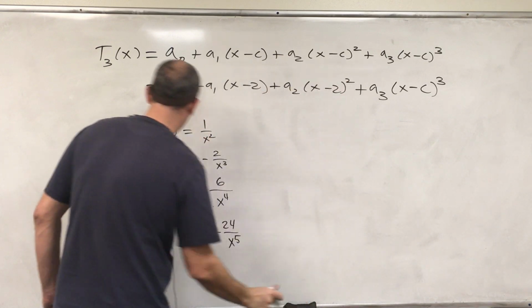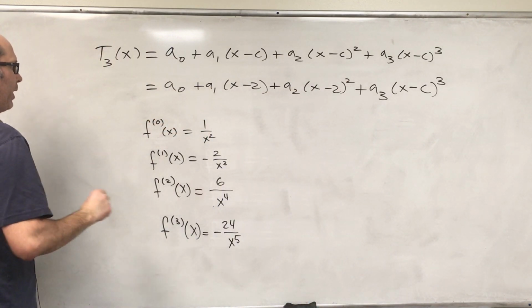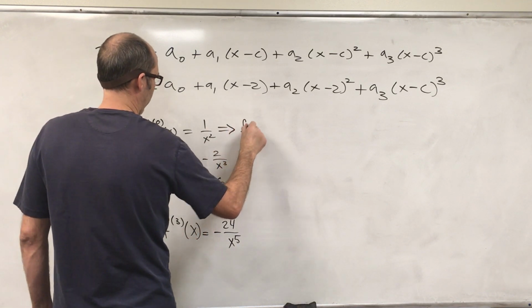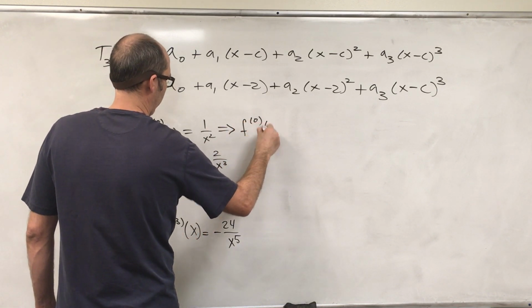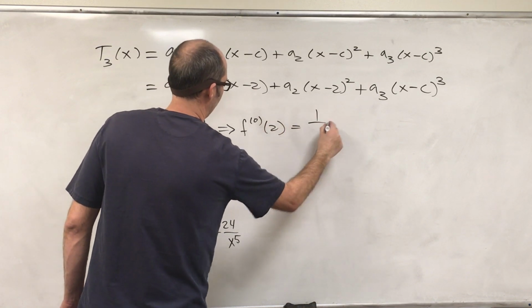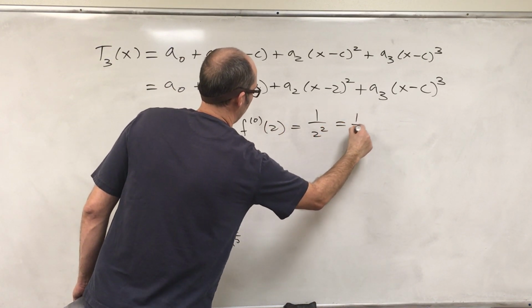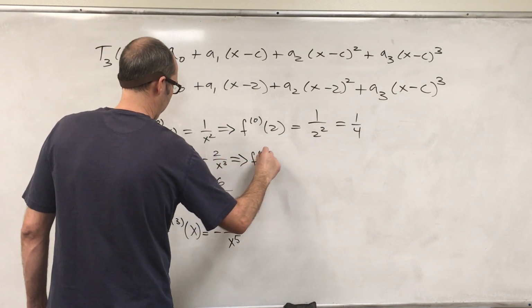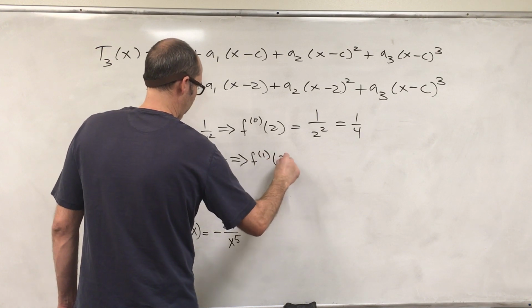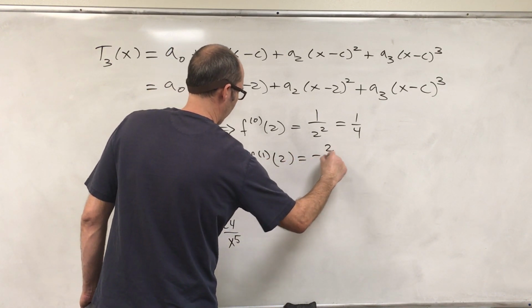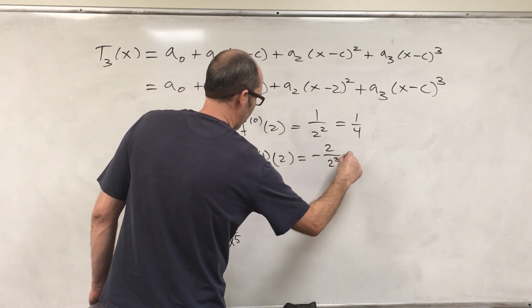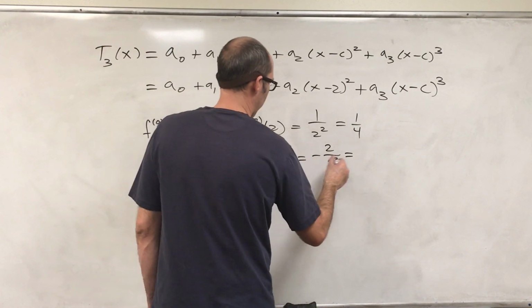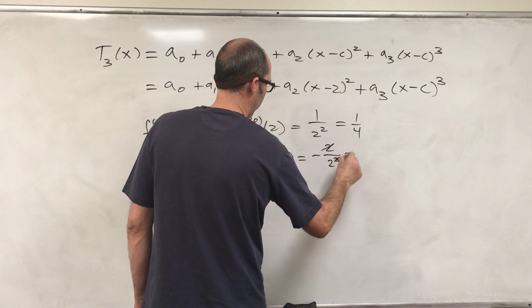Okay, now for the formula, we want to evaluate at 2. So we've got 1 over 2 squared, 1/4. 2 over 2 cubed, you can think of it as 2 over 8, or just remember that you can cancel those.